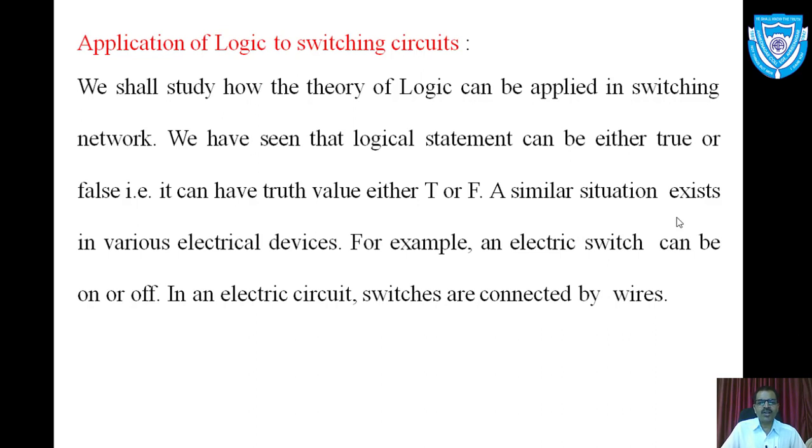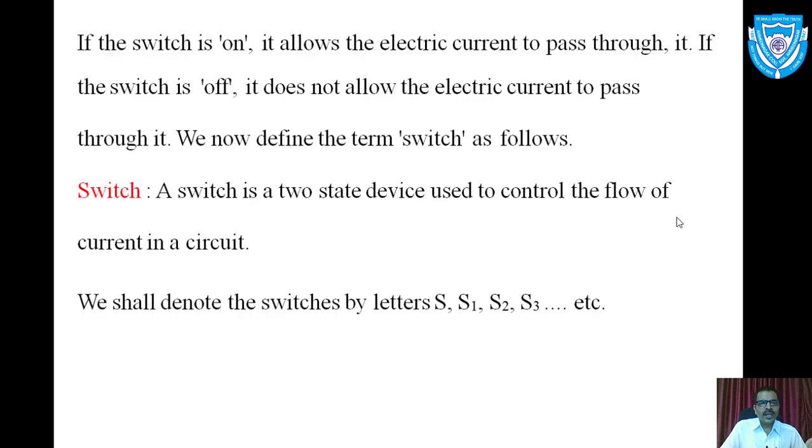There are only one of the two states the electric switch acquires. In an electric circuit, switches are connected by wires. If the switch is in the on state, it allows the electric current to pass. And if it is in the off position, it does not allow the electric current to pass.